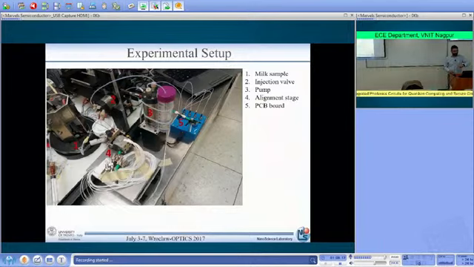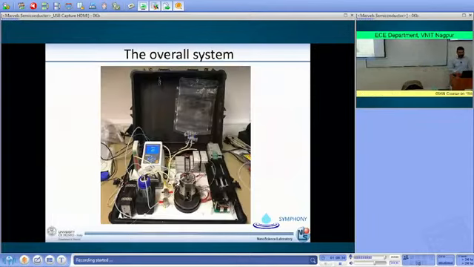And at the end, this is the kind of system that we are using. And this system is quite large, quite big. The reason why it's so large is because we have to treat the milk, not the sensor. The sensor is extremely small, and everything can be packed inside a box. This dimension here can be half a meter.